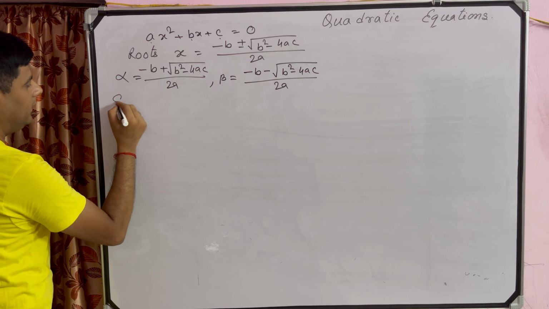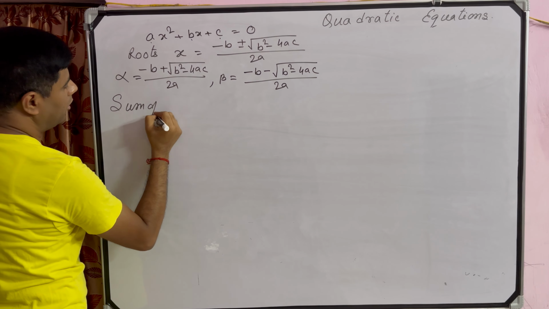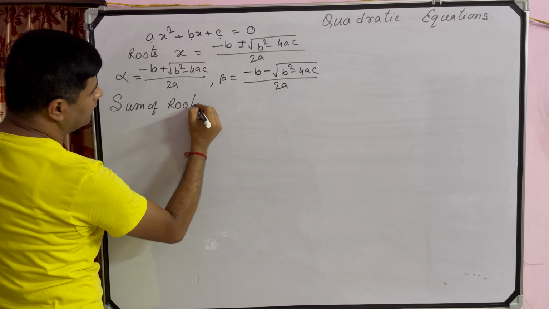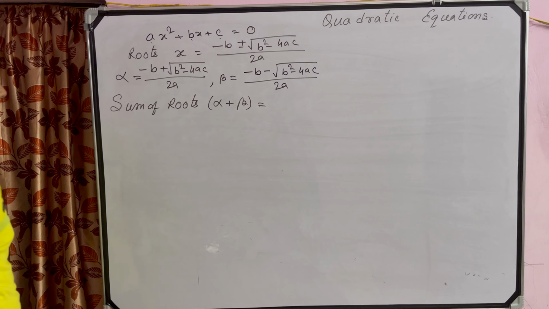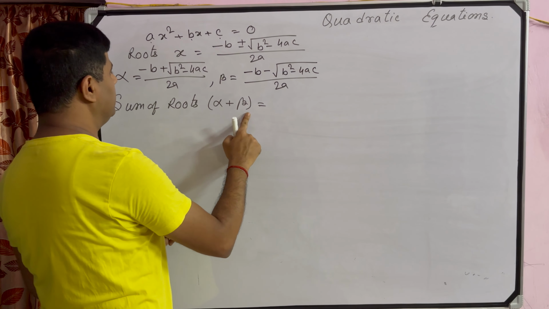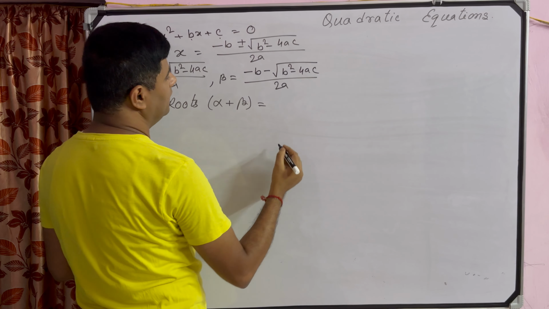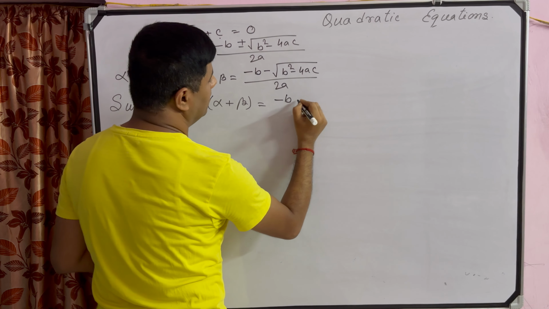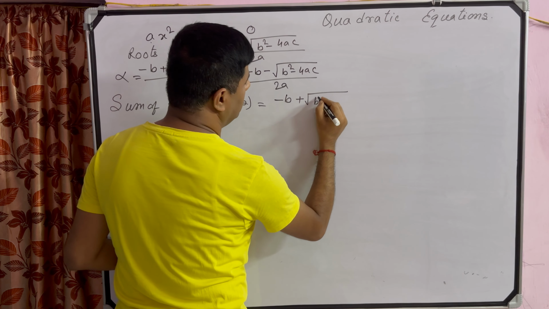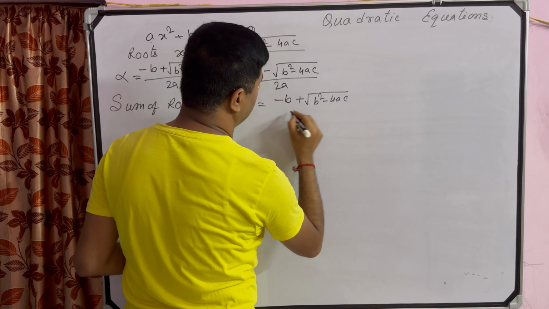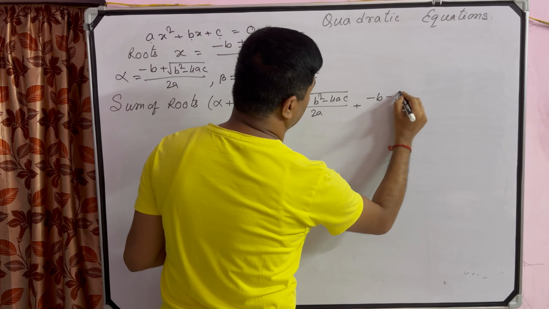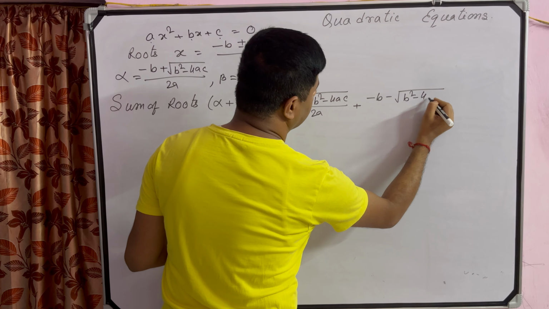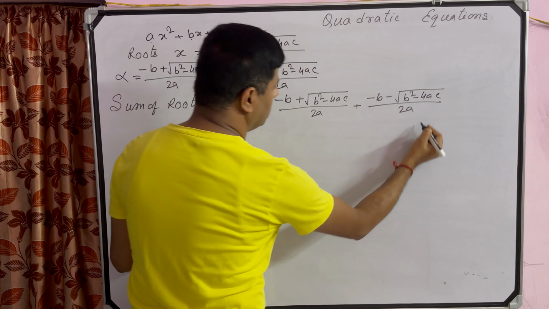So what will be the sum of roots, which is alpha plus beta? Alpha plus beta means I have to add these two. So it will be minus b plus root over b square minus 4ac by 2a, plus minus b minus root over b square minus 4ac by 2a.